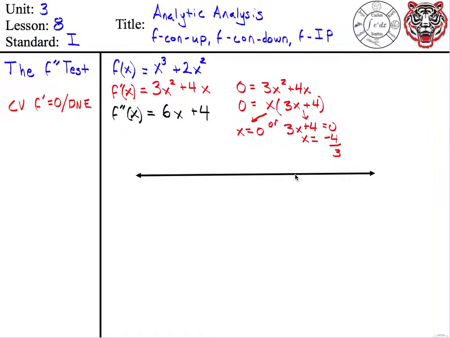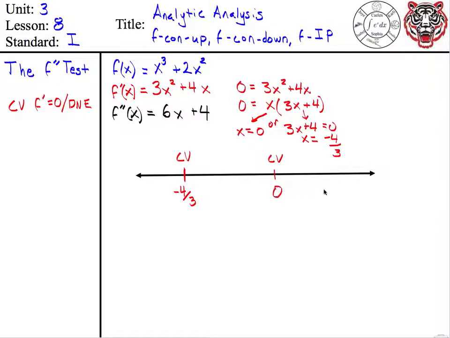All right. What do I do now? This is still the F prime test. Yeah, on the number line, CV. So I have a CV here at negative 4/3 and a CV here. CV, what does that stand for again?